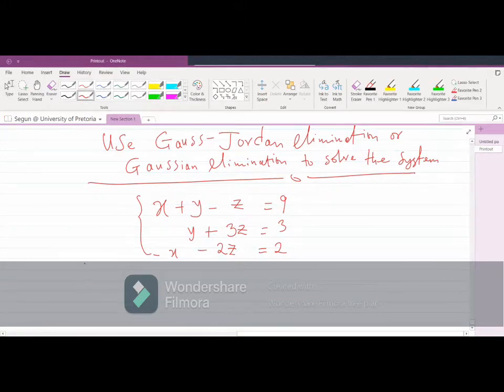The first thing you need to do is rewrite it in matrix form.